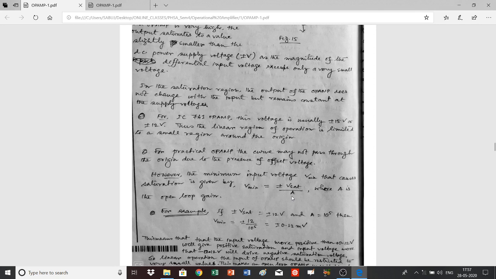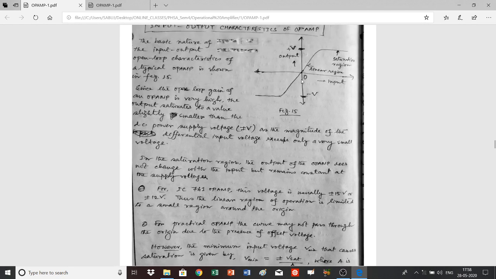In the case of a practical op amp, A has a value on the order of 10 to the power 5. Using this value in the relation, we get V minimum equal to plus minus 12 by 10 to the 5, which is plus minus 0.12 millivolt. That is a very small value.